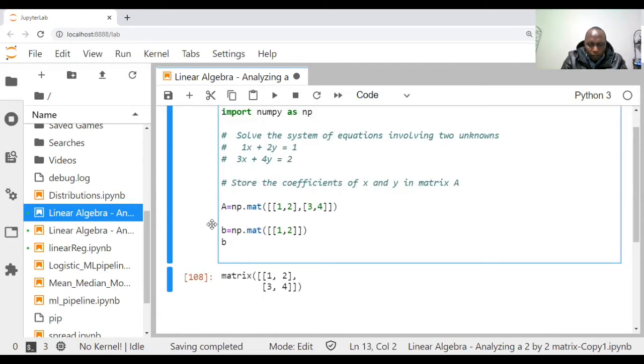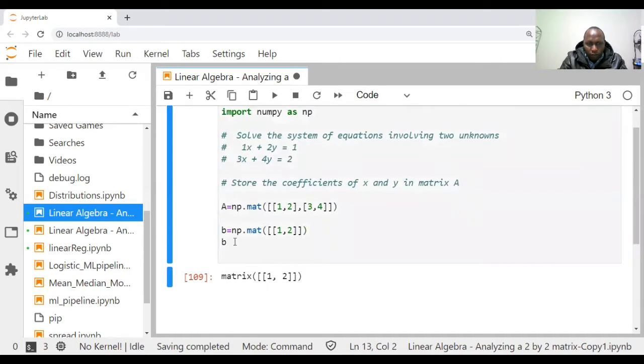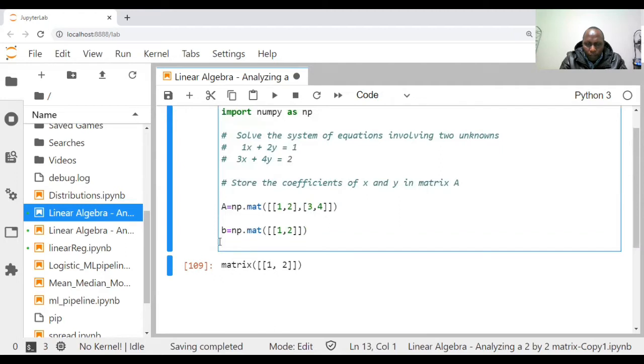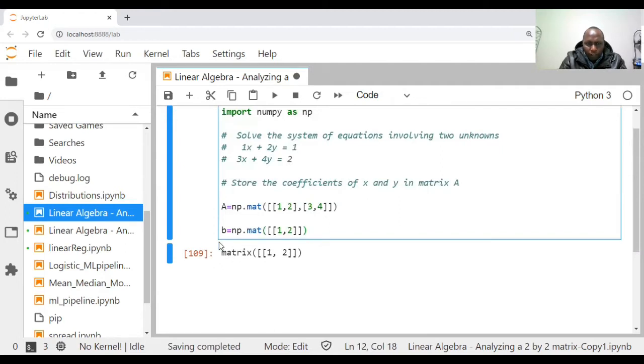Type B, press Control Enter, and it shows that we've stored matrix B correctly. Now we have what we need. We have stored the coefficients of x and y as matrix A, and stored 1 and 2 as matrix B.